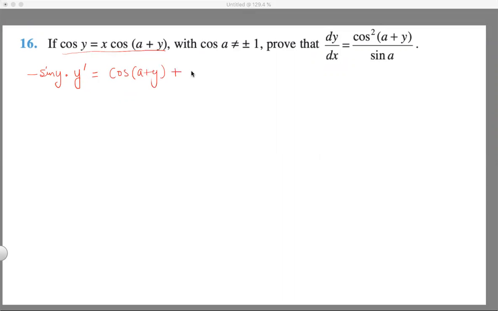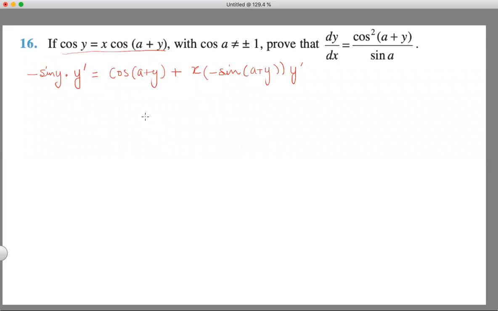Plus, we will write the first function as it is, and we will differentiate the second function. The second function differential will be minus sine a plus y, and then we have to differentiate a plus y. What is that? y dash means dy by dt.